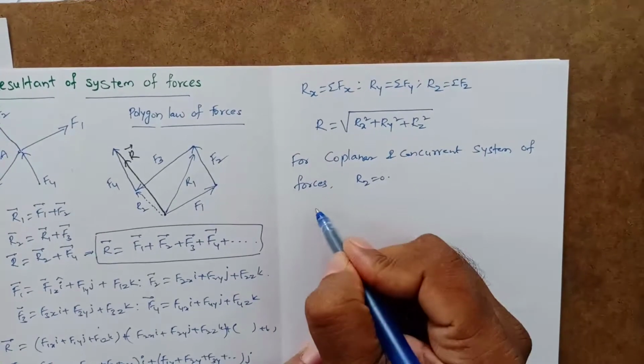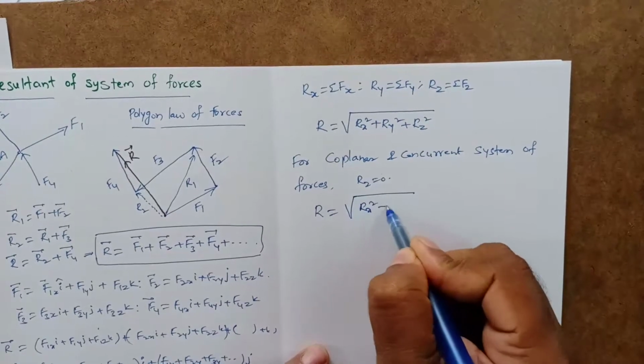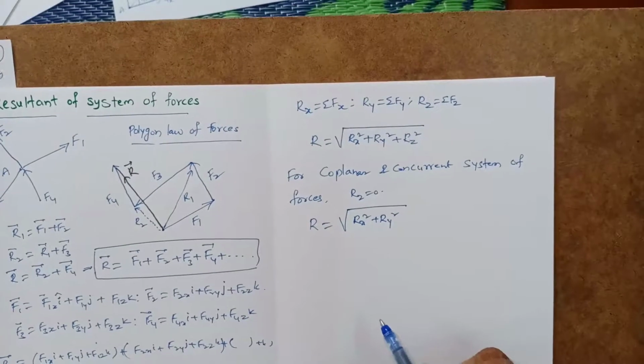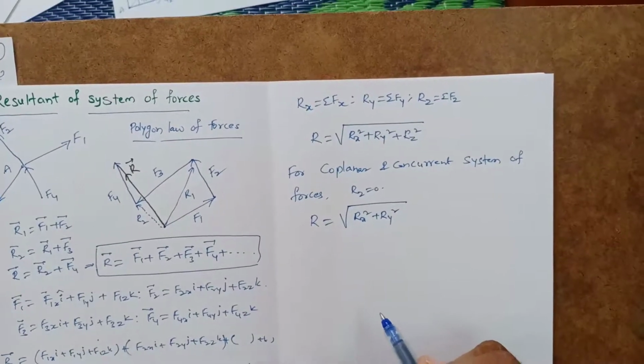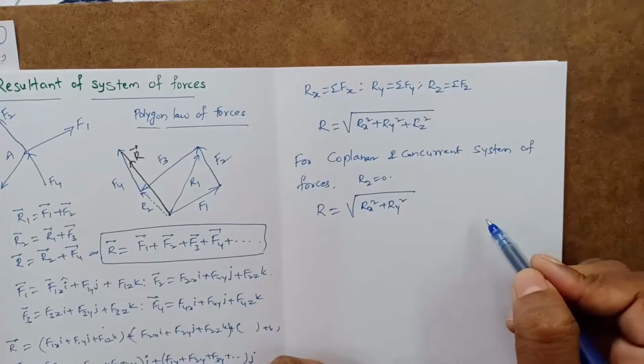So then you get r is equal to under root rx square plus ry square only, because r bar is then rx i plus ry j. And next is the angle.